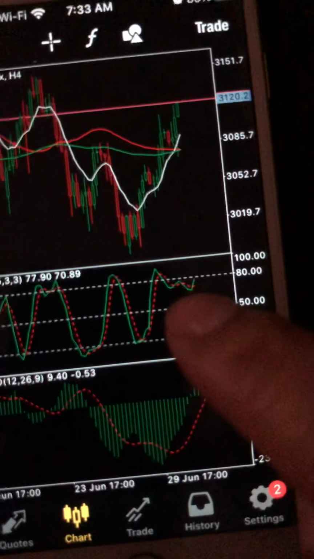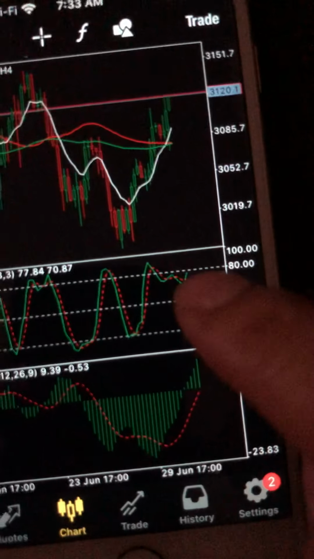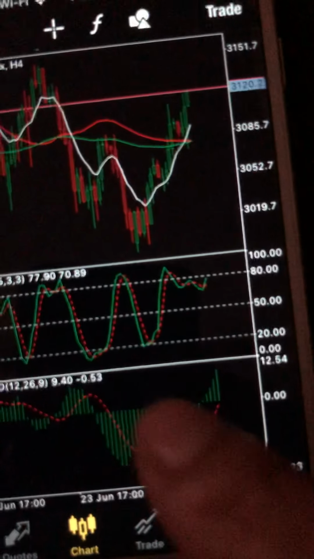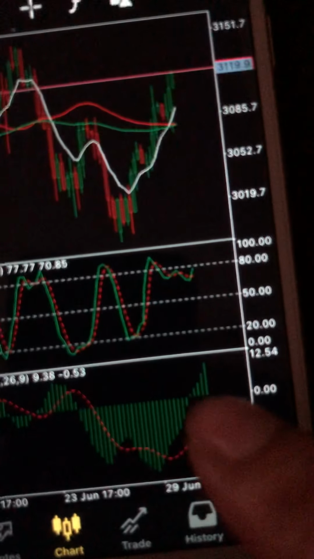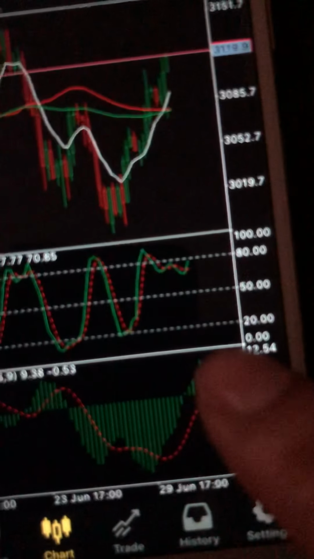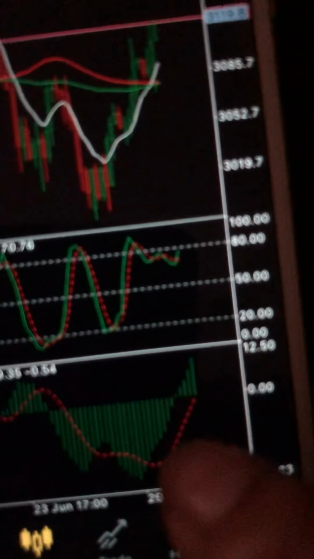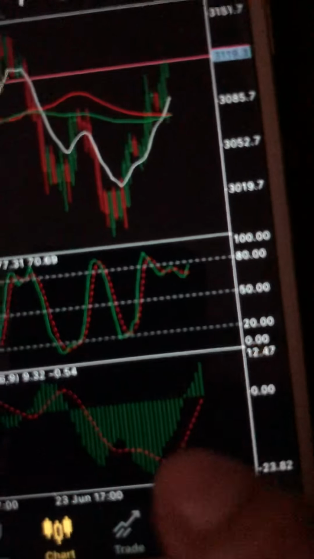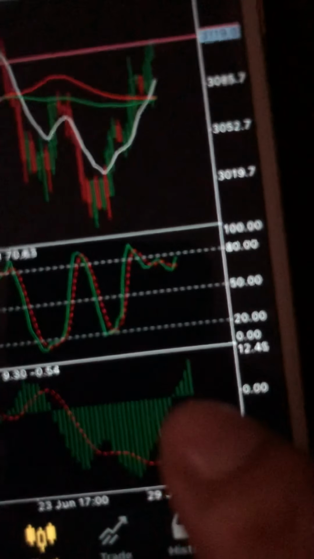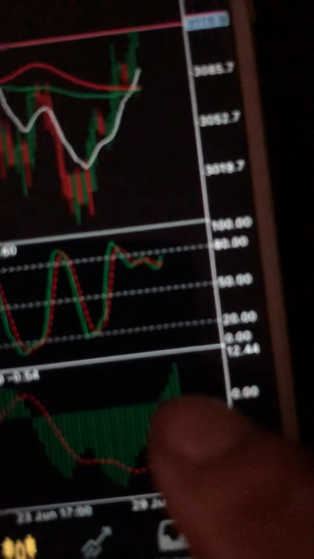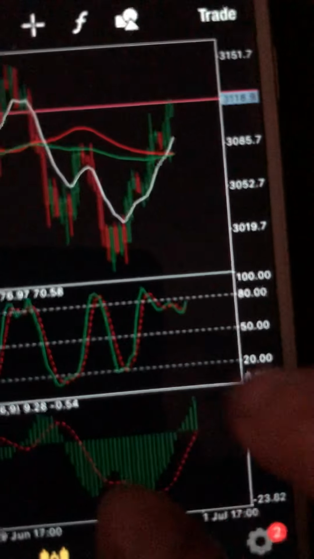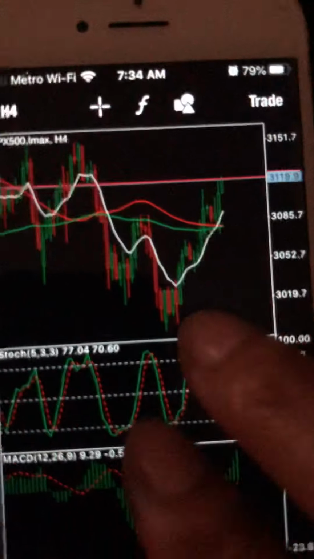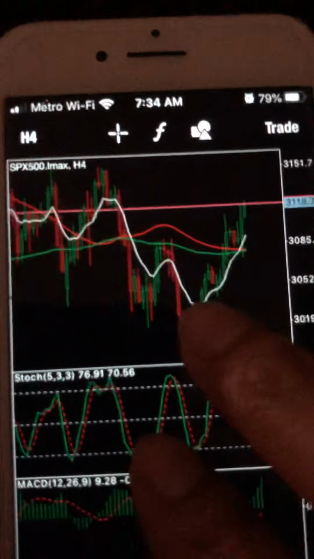Stochastics is in the overbought zone, but it's still going up. Another confirmation that gives me a good buy is that the histogram, or the volume, is pointing up, and the MACD signal line is pointing up and about to pass the zero center line. So that's a good indication. That's a good buy, off of the 4-hour chart.